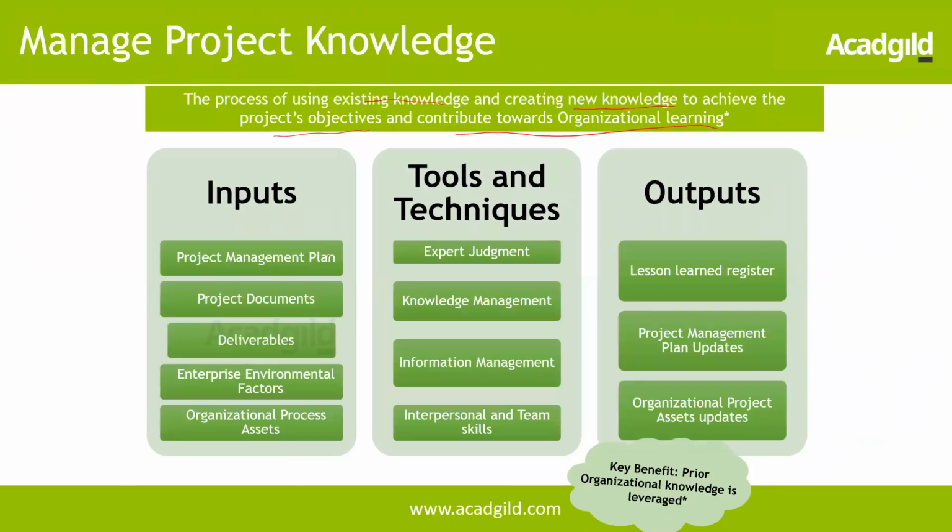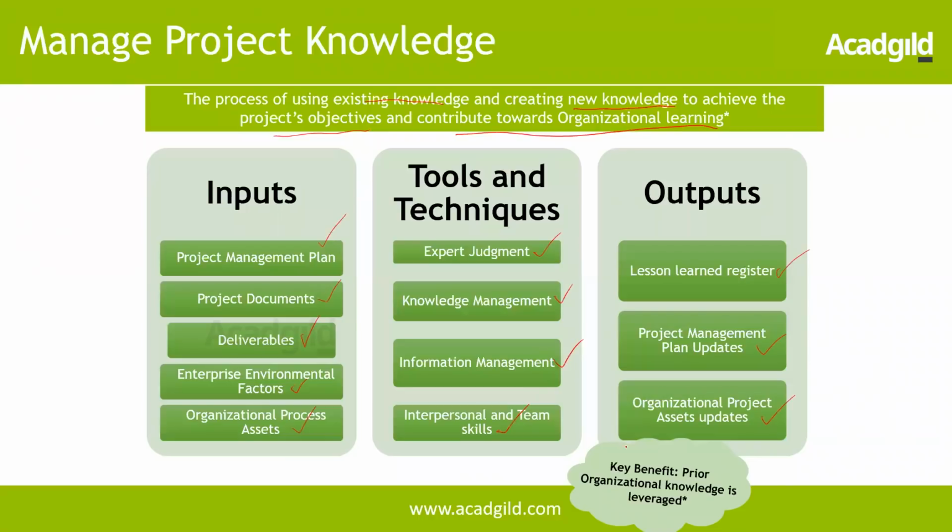The inputs are your project management plan, project documents, the deliverables, which was the output of the previous process, EEF and OPA, and tools and techniques, again, expert judgment, knowledge management, information management, and interpersonal and team skills. The outputs are lessons learned register and project management plan updates and organizational process asset OPA updates.